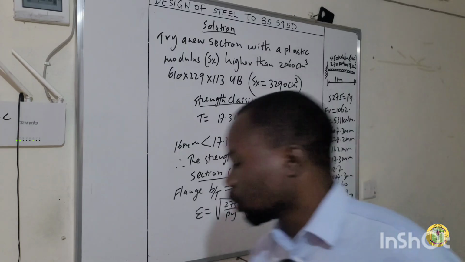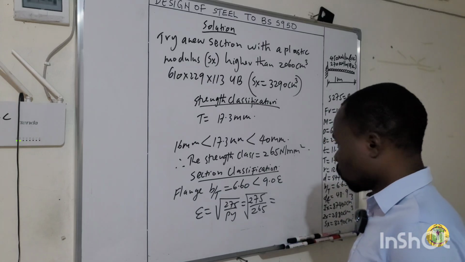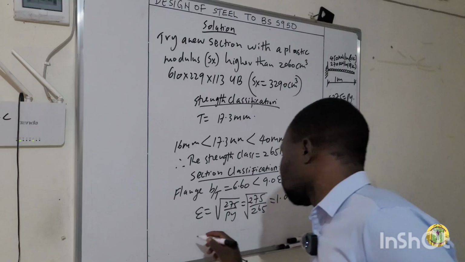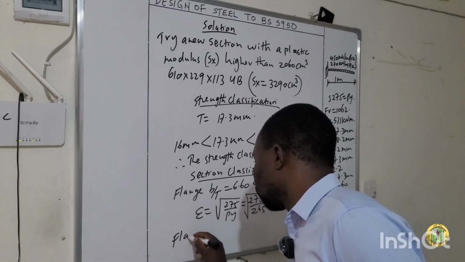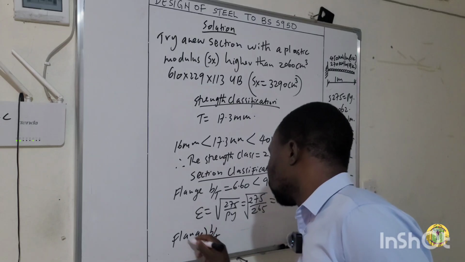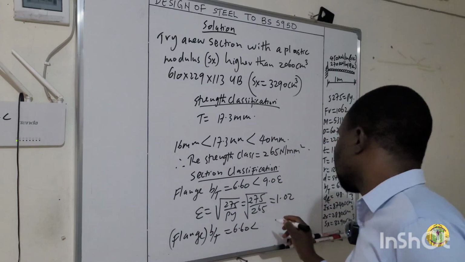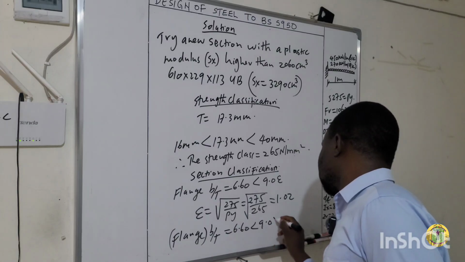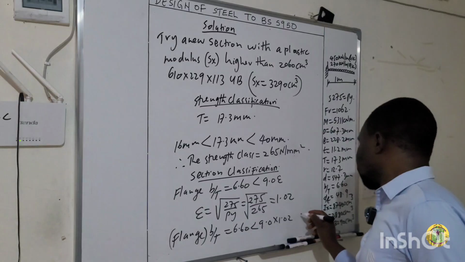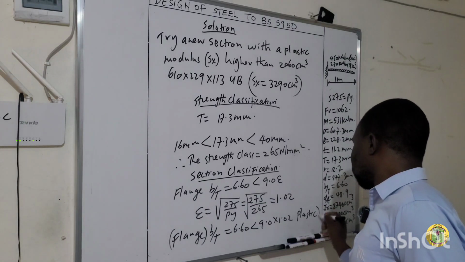So this is 1.02. So it therefore means flange, which is B over T, is equal to 6.60, is less than 9.0 times 1.02. Therefore, the flange is plastic, class 1 plastic.